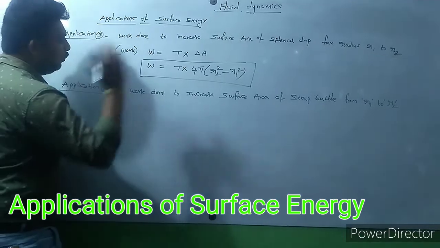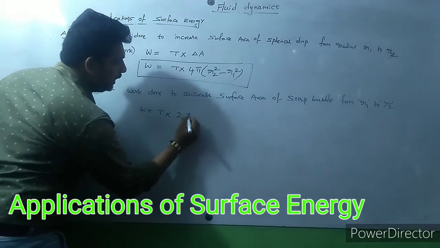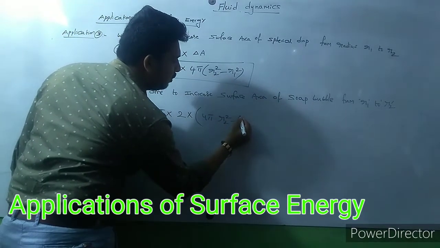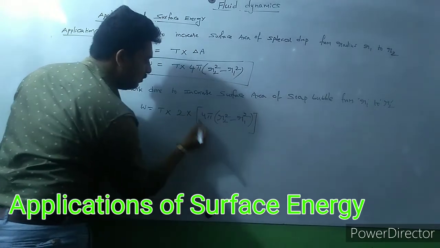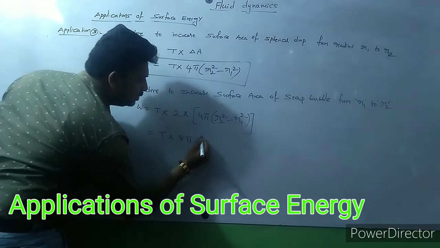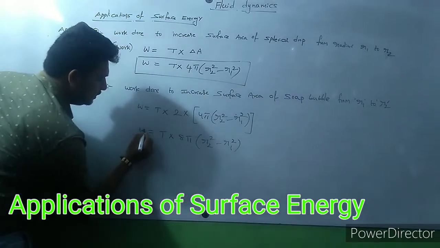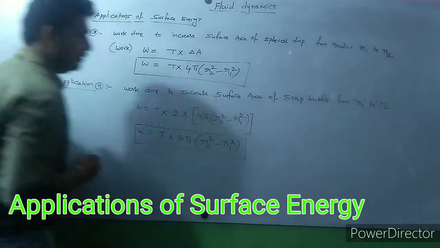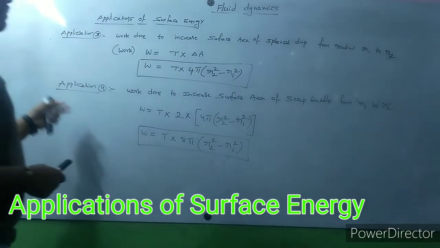A soap bubble has two free surfaces. That's why this formula will become T into 2 into 4 pi into R2 square minus R1 square. So finally what we got is T into 8 pi into R2 square minus R1 square. So this is application number 4.